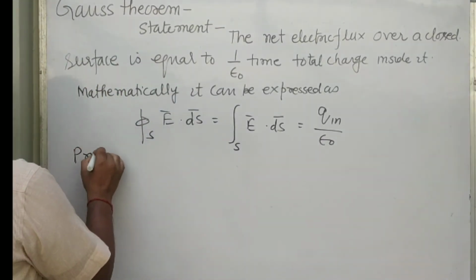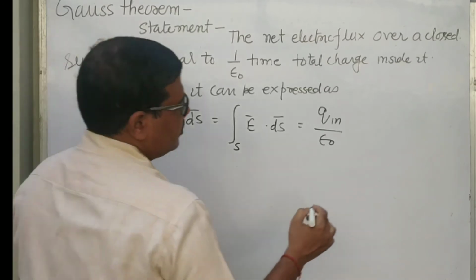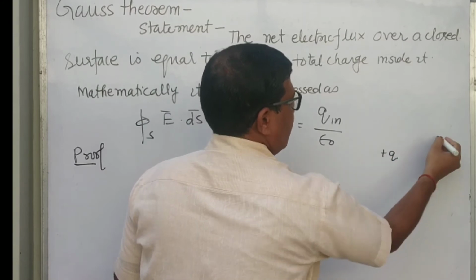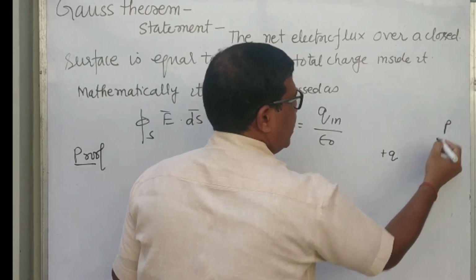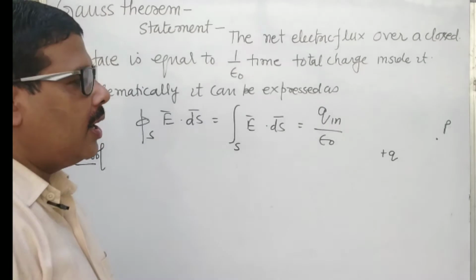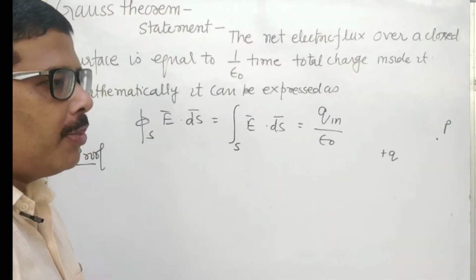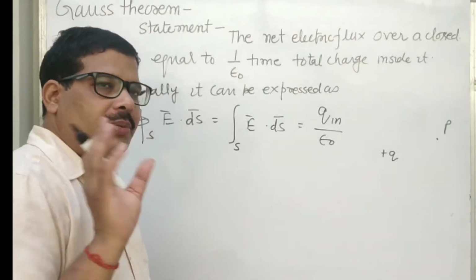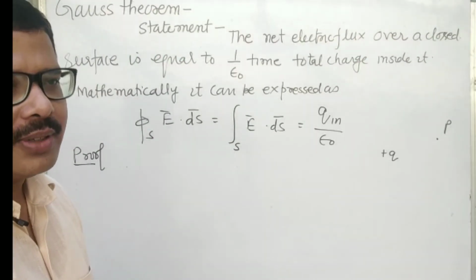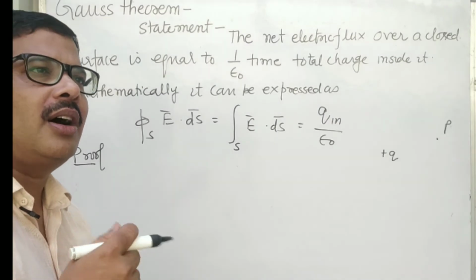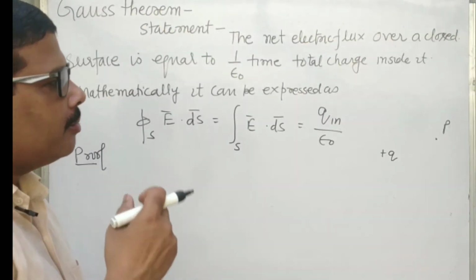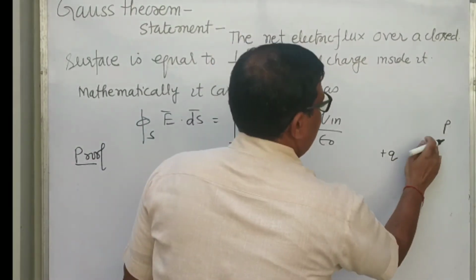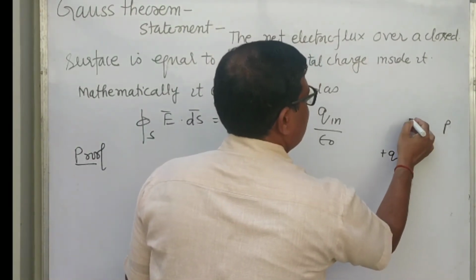It can be proved. Suppose that charge q is placed here. We have to determine the electric field at point P. Before starting it, we have to assume that the Gaussian surface means an imaginary surface which encloses the charge. Now charge q is there, we have to draw the Gaussian surface.